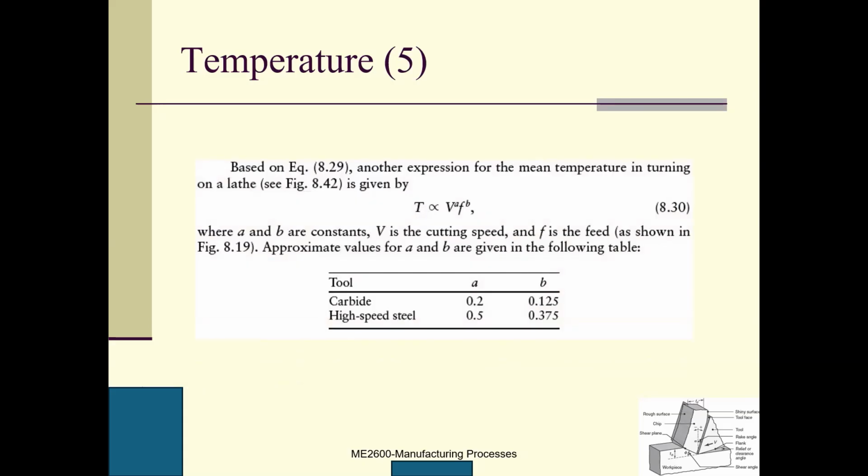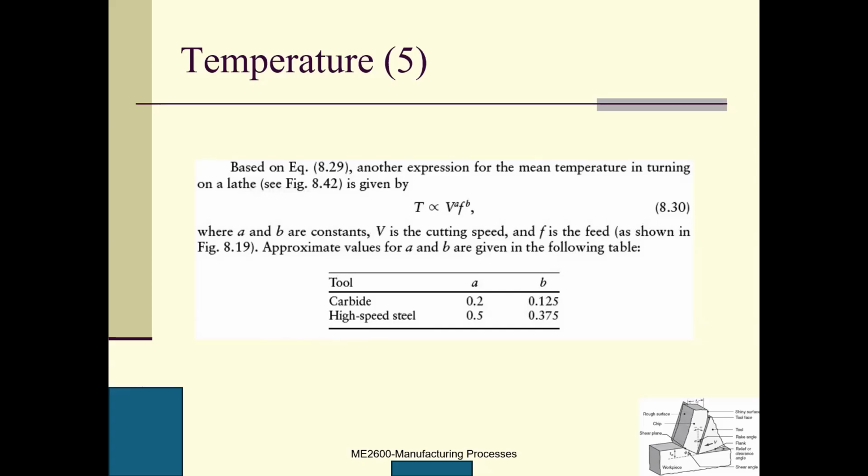So here people give an expression for the mean temperature in turning on a lathe. We are familiar with the lathe. The temperature is proportional to the cutting speed. V is the cutting speed, F is the feed rate, and I'm talking about turning.